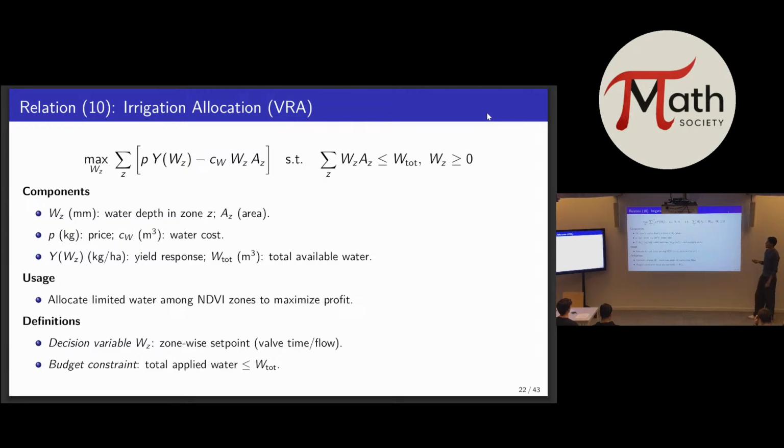We are going to define WZ as the water depth in the zone, P as the price per cubic meter as the water cost, Y as the yield response, and WTOT as the total available water. These are inputs that the agronomist has to put in, so we can't just give random values because it won't make sense.